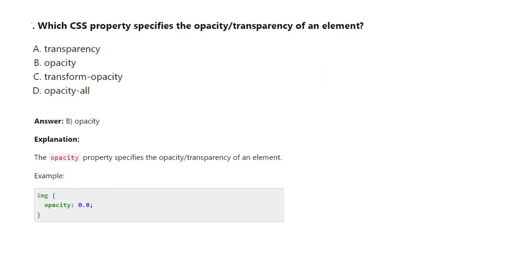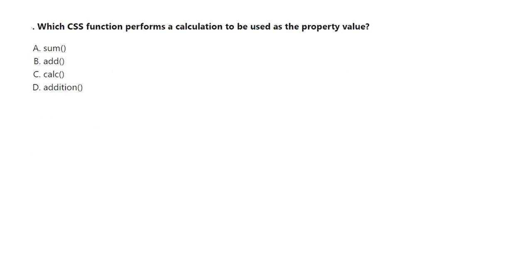Here they have used opacity on an image. You can also use it in H1, H2, H3, in P, and in your ordered and unordered lists. Wherever you want, you can use this property with any HTML tag.